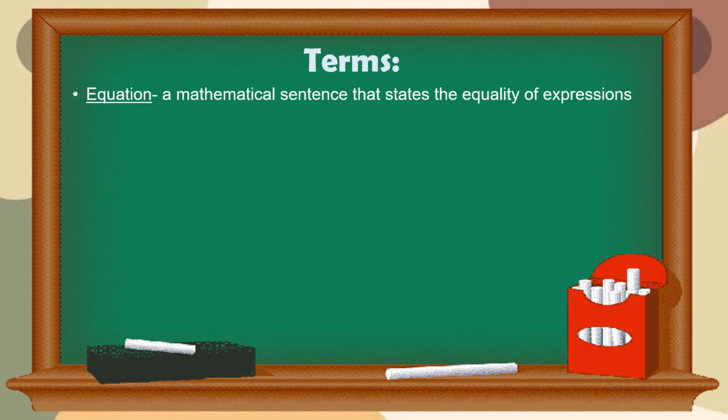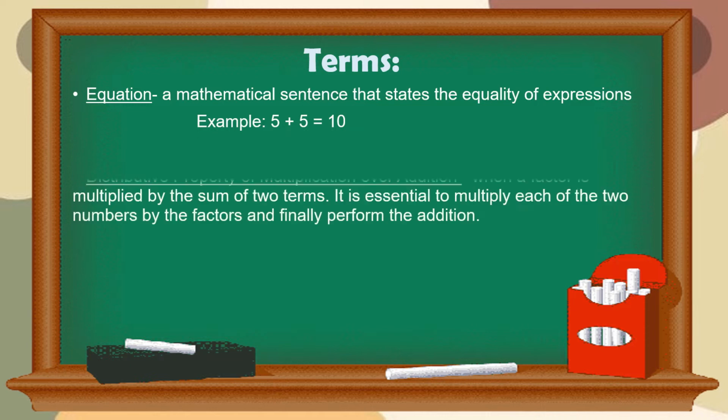Equation, a mathematical sentence that states the equality of expressions. Example, 5 plus 5 equals 10. Distributive property of multiplication over addition, when a factor is multiplied by the sum of two terms.